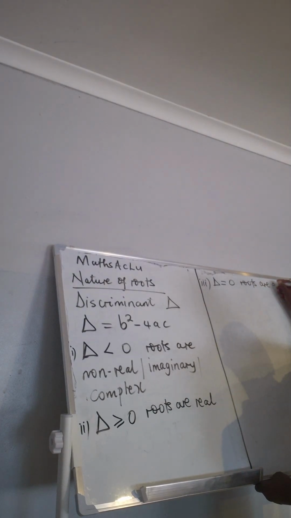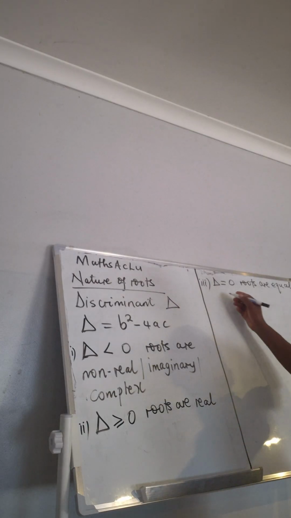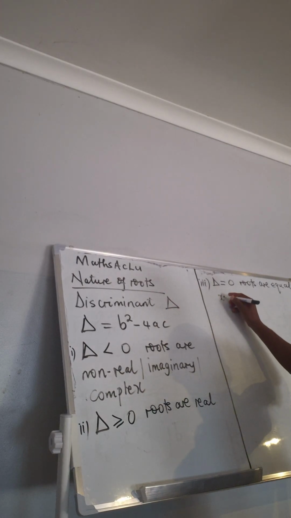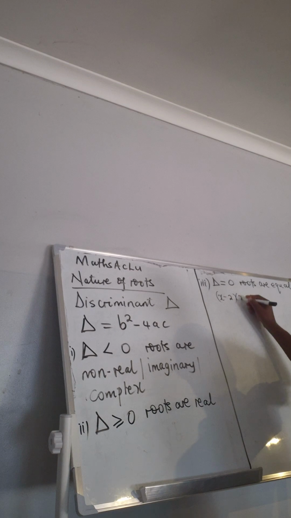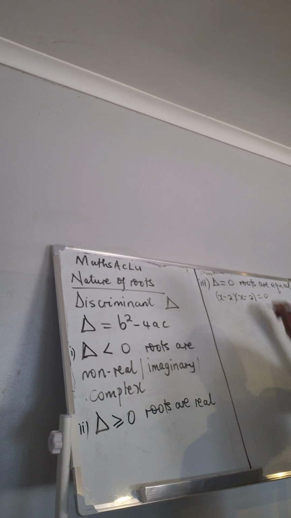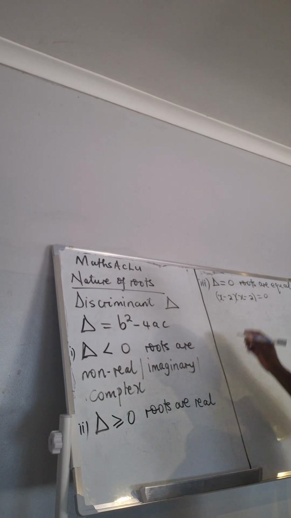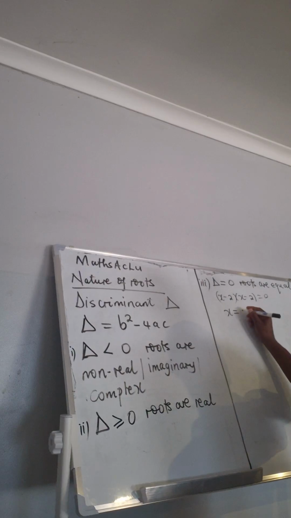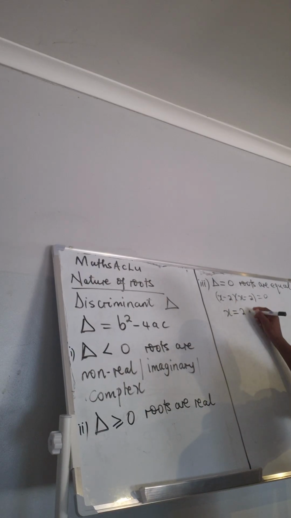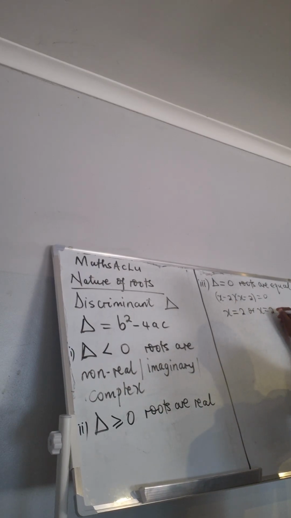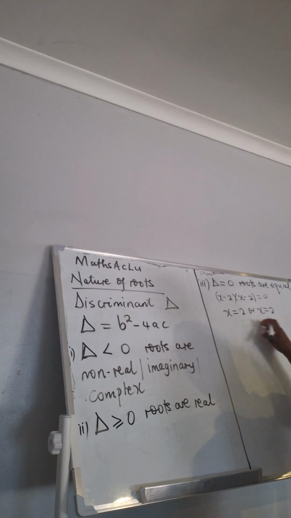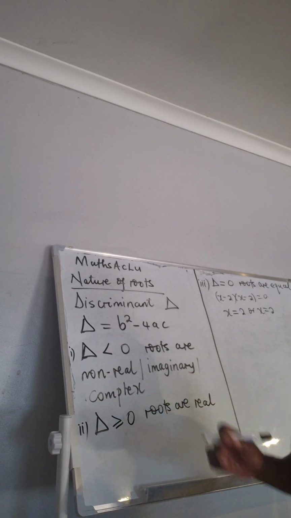Roots are equal. And when you talk of equal roots, let me have x minus 2 equal to 0. When we solve this equation, you find that x is equal to 2 on this bracket, or x is equal to 2 on this bracket. So we are saying roots are equal here.